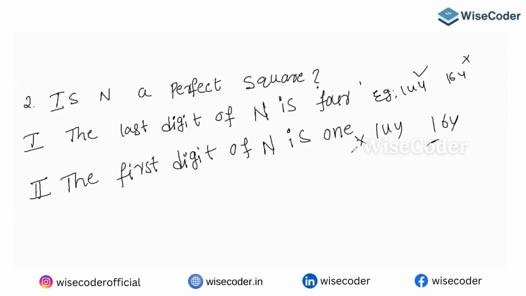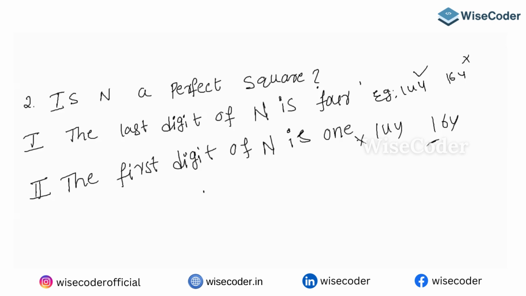From 1 and 2, let's follow the flow chart. Check 1; if yes, mark 1. If no, check 2; if yes, mark 2. If no, now we need to check both 1 and 2. From 1 and 2 together, some numbers starting with 1 and ending with 4 are not perfect squares.